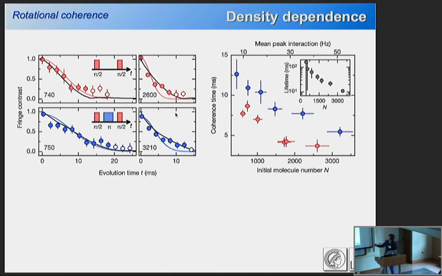When the molecular number is very low, the lifetime of the mixture of the 2 rotational states is 100 milliseconds, so it's not limited by the collision loss. But when the density is very high, the lifetime is about 10 milliseconds. So I would say this is longer, maybe a bit comparable to this decoherence.